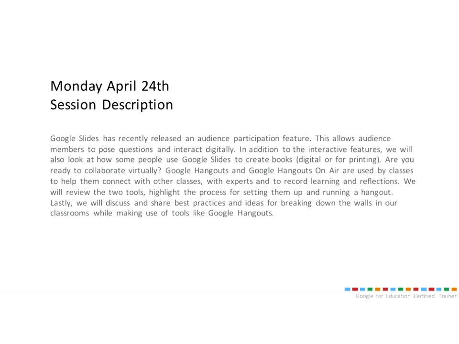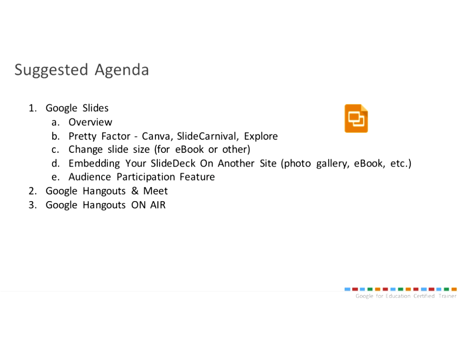So we're going to go through, I'm just going to flip through a couple slides here. This is what I've thrown together as a suggested agenda. We would start with Google Slides. I'll do a quick tour overview, just how to get in and set up a Google Slide, but recognizing that when you're just watching me do it, not doing it yourself, I won't spend too much time on it. I'll leave you with all of the instructions so that you can go in and play around once we finish the session, and then talk about some ways to make slides pretty.